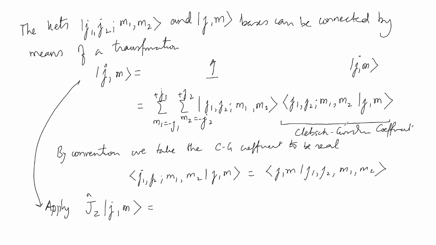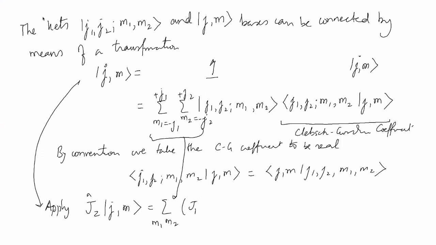That means here this will operate on the joint eigenstate J1, J2, M1, M2. And what is my Jz? Jz is made up of J1z and J2z. All the time I don't want to write this in full.